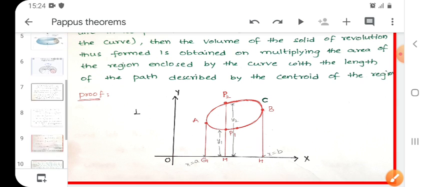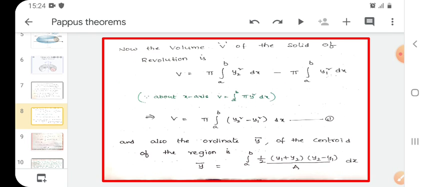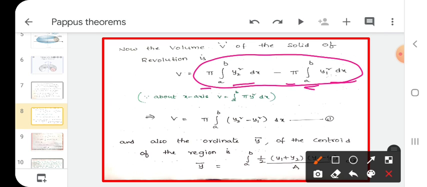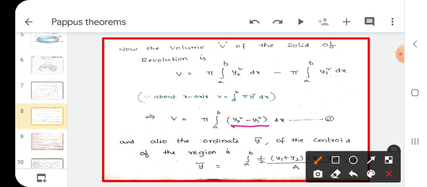So what formula do we write here? The volume V of the solid of revolution is pi integral from a to b of y2 square dx minus pi integral from a to b of y1 square dx. Here I take pi integral from a to b dx as common, and the remaining term is y2 square minus y1 square. Let this be equation number 1.